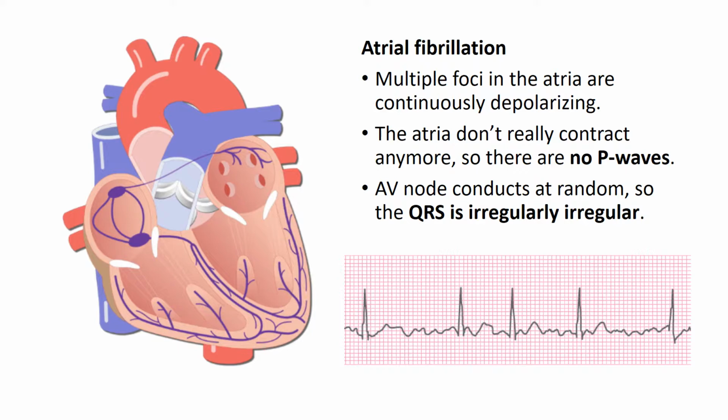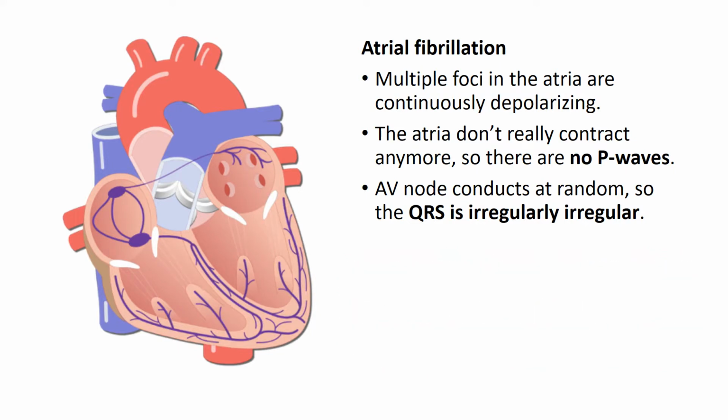So the QRS is irregularly irregular. If you were to look at the distance between these two QRSs and compare it to the distance between these two QRSs, and then compare that to this distance and that to this distance, you'd see that the distances are all completely different. So an irregularly irregular beat.